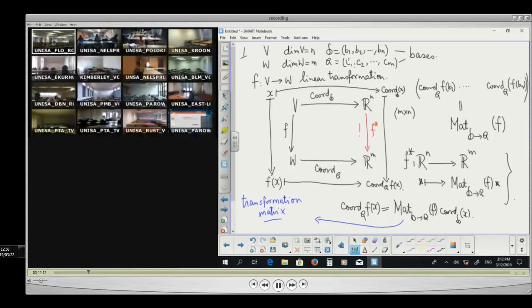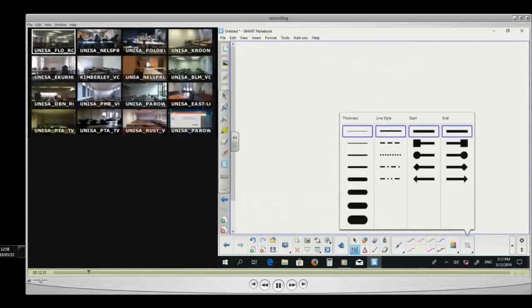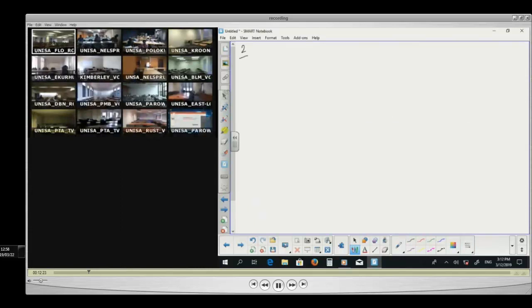Okay? So, as a special case, V is there, its dimension is n, and B and A are two bases of V.